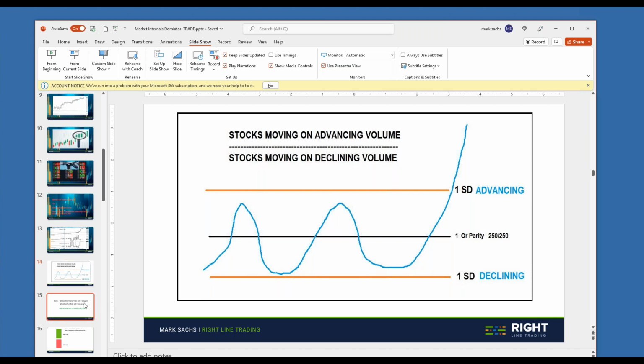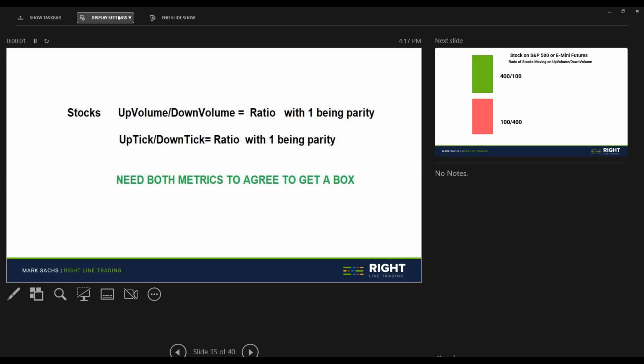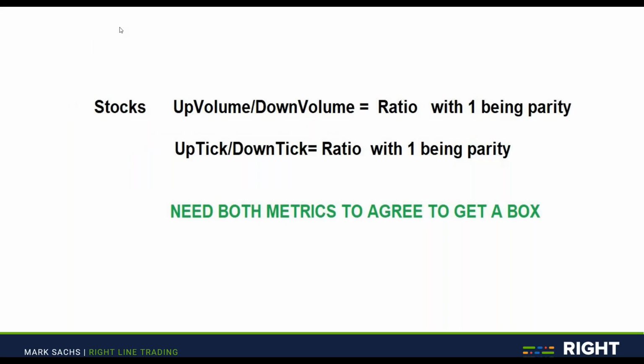Now, let me just put these slides back from current slide. So in order for us to get a signal, we need to have an alignment in ticks and in volume.